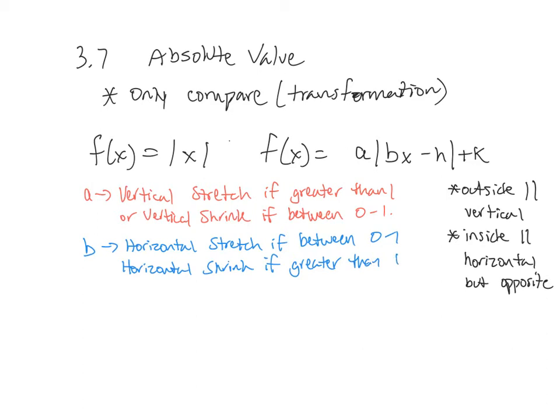So remember what I wrote over here on the side. Everything in the middle or in the inside is horizontal, but it's opposite. So it's a stretch vertically if it's greater than 1 for the A on the outside, but if it's greater than 1, it's a shrink on the inside, so it's the opposite one.